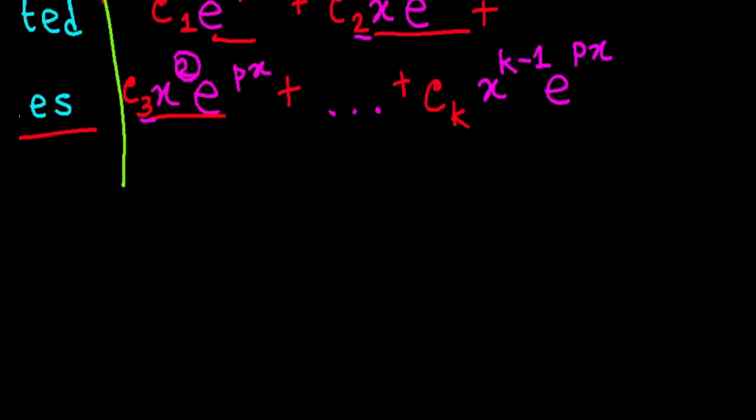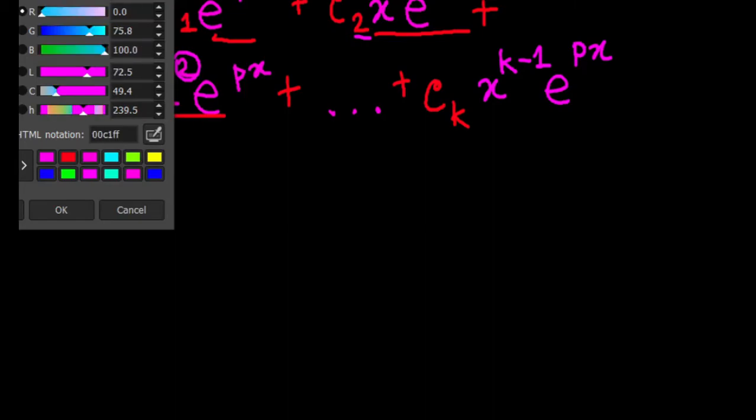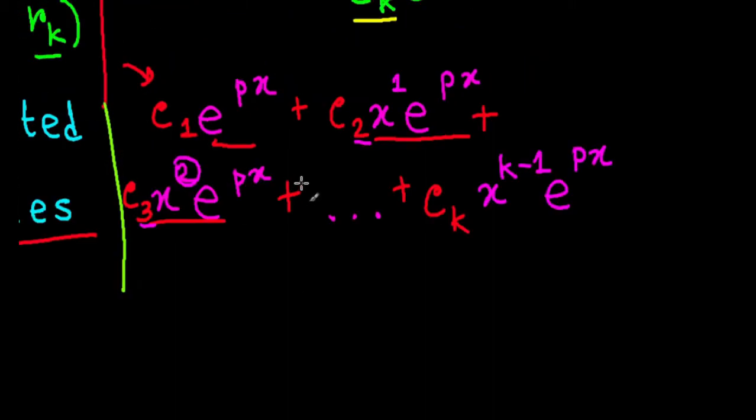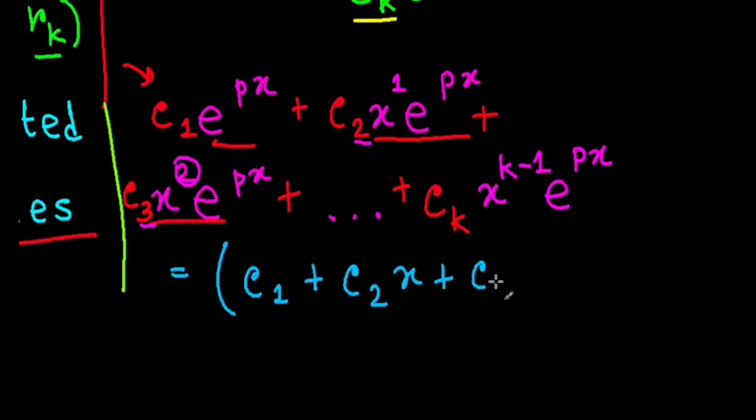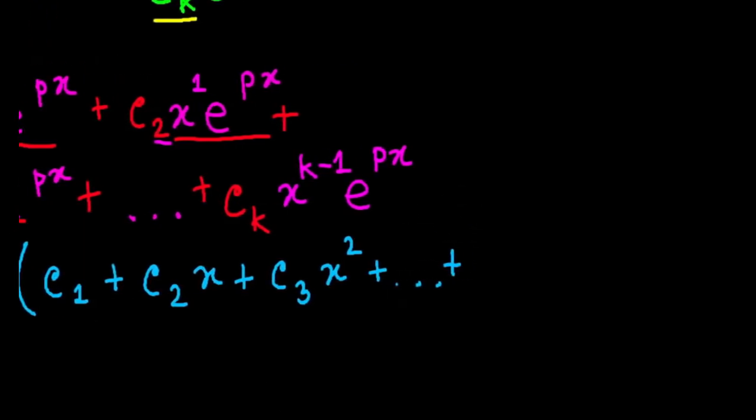All right, now that's interesting. One thing we can do, again, the same thing we did before, is factor out e to the power px. If you do that, what we have is c sub 1 plus some constant c sub 2 times x, just x, then some constant c3 multiplied by x squared, all the way up to my kth coefficient, the same number as how many repeats there are of the root.